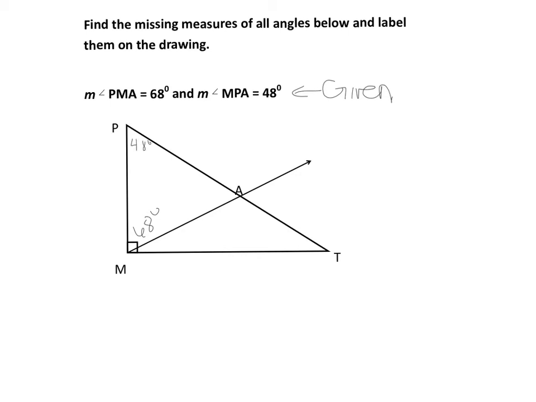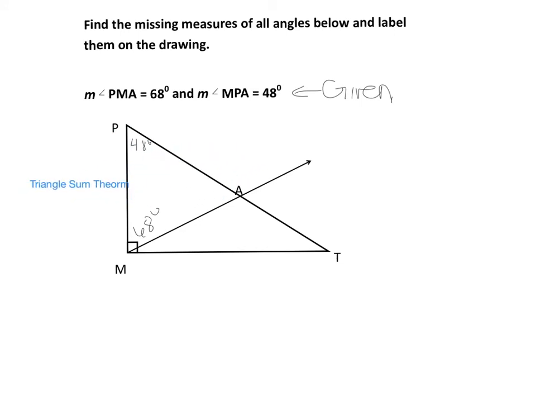Now, the Triangle Sum Theorem states that all triangles total 180 degrees.